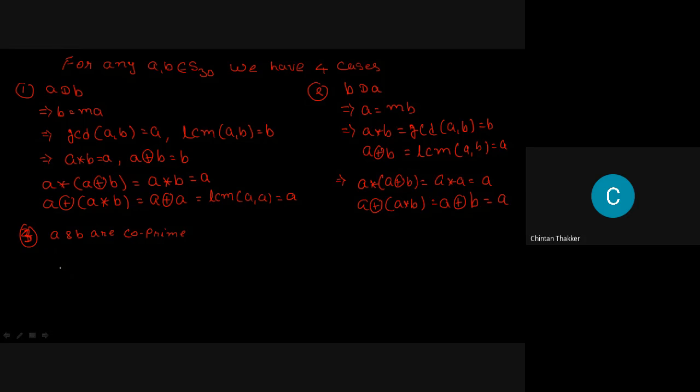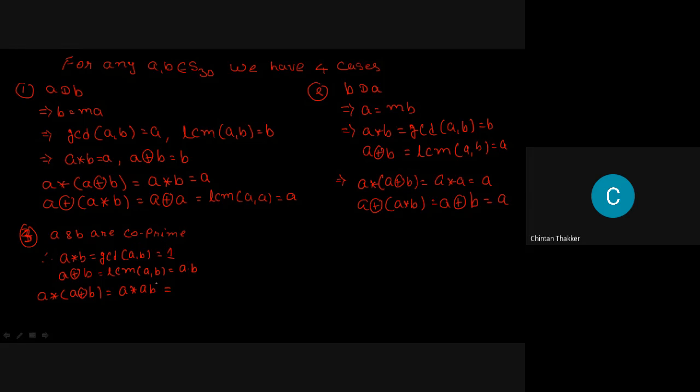So for A and B co-prime numbers, we have A star B, that is the GCD of A, B, which is 1, and A ring sum B, that is the LCM of A, B, which is A into B. Now A star (A ring sum B) is A star A into B. So what is the GCD of A comma A into B?